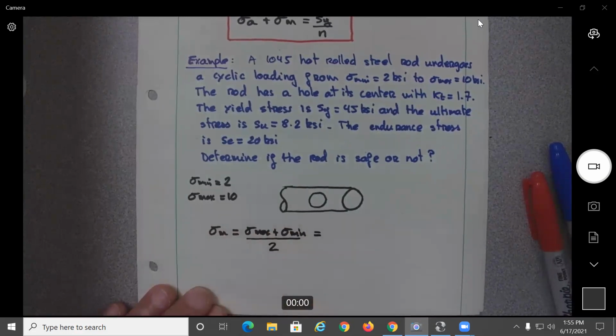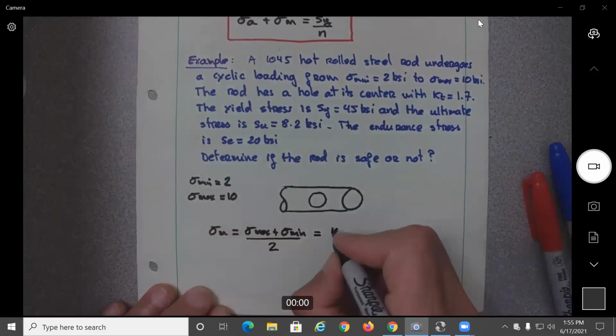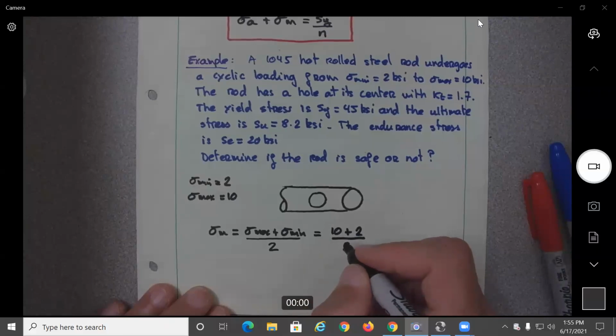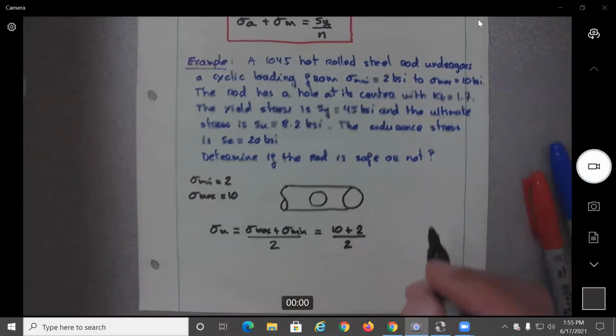So this will give you that the mid-range is 10 plus 2 divided by 2. Wait, hold on one second here.